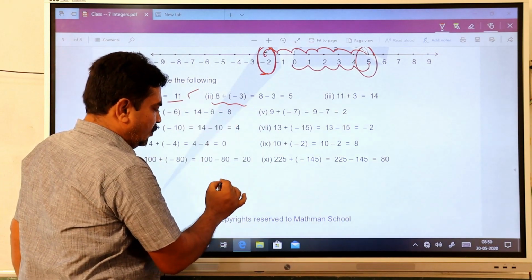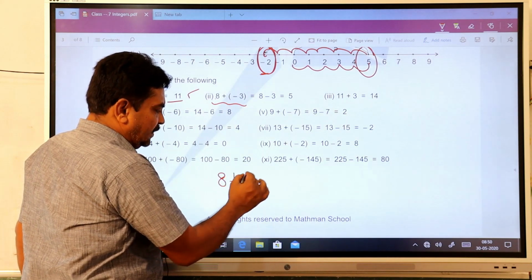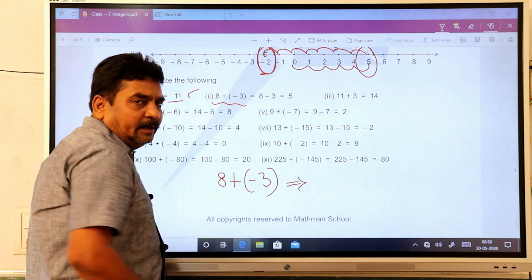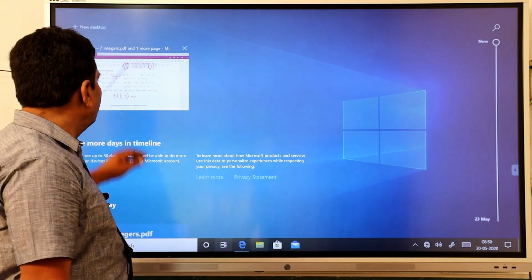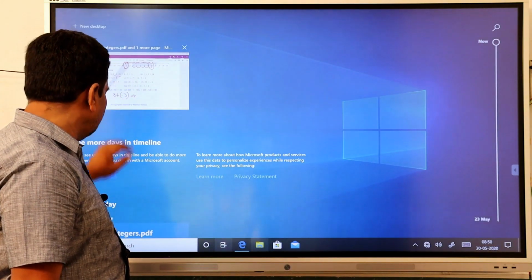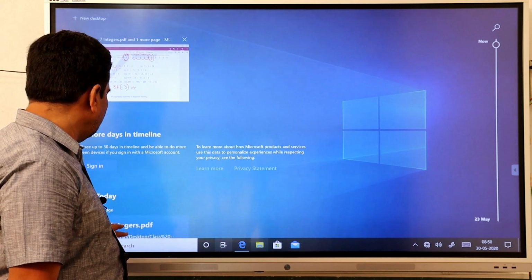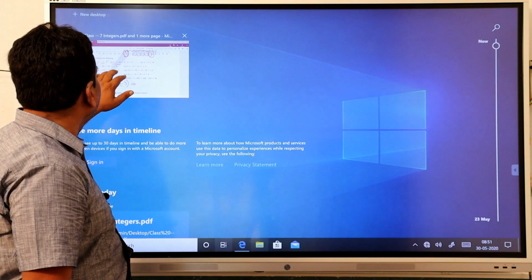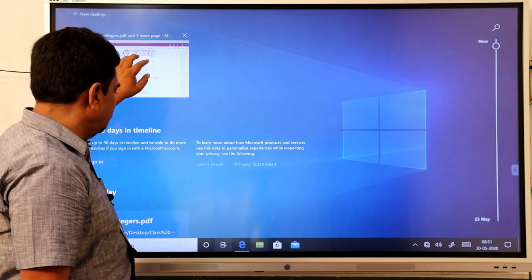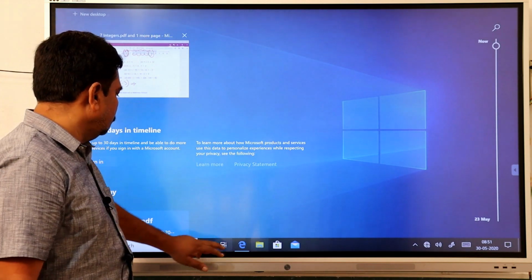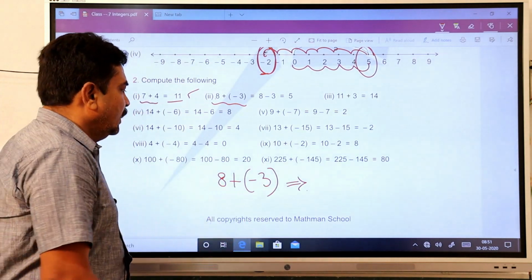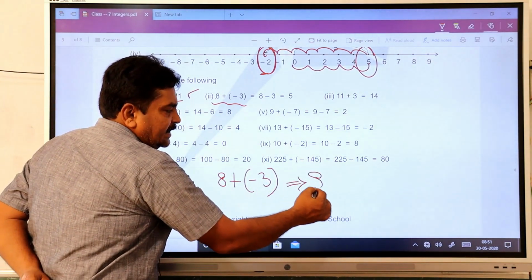Now here in the second one, you see here, I'll just write down 8 plus of minus 3. How much is it going to be? I'll write down 8 as it is.